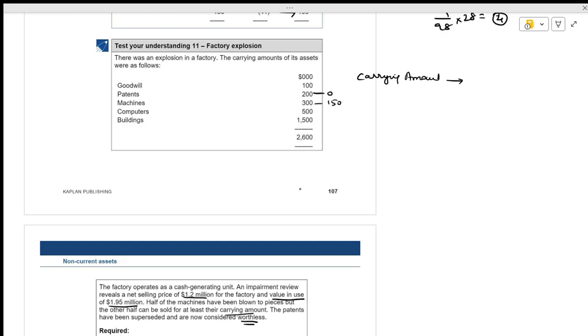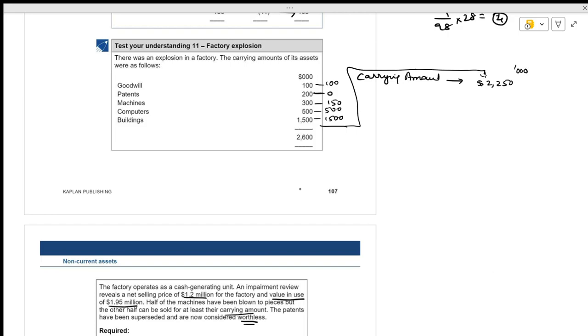Take this one: this is 100, this is 500, this is 1500. If you take the total, 100 plus 150 plus 500 plus 1500, the carrying amount will be 2250 thousands.